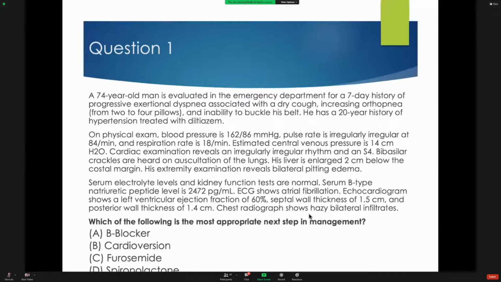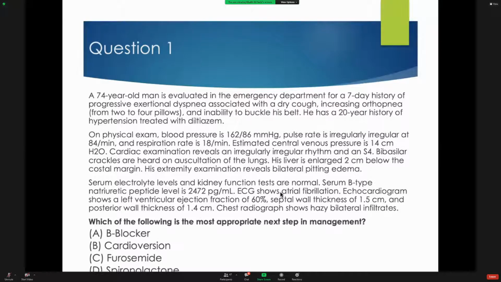The chest X-ray also showed bilateral infiltrate, which looks like pulmonary edema. So the best management here is the loop diuretic, furosemide. Beta blocker is contraindicated in acute heart failure patients.